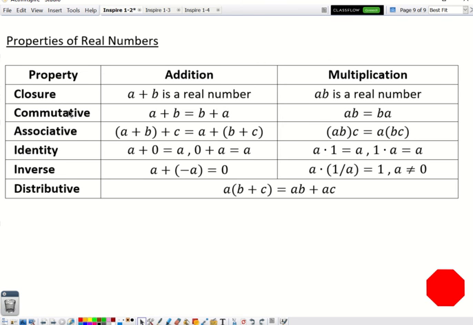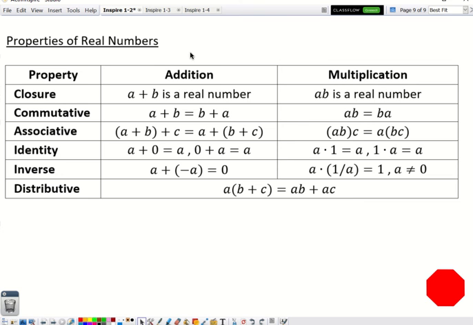So this closure property is probably the least important one to highlight. The closure property basically says, and this is how you say it, that the real numbers are closed under addition.